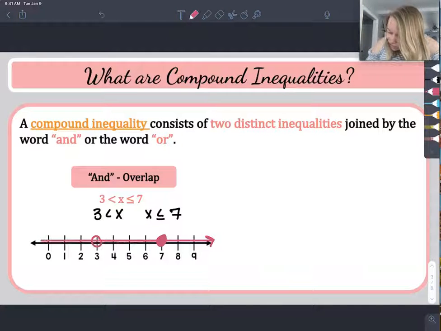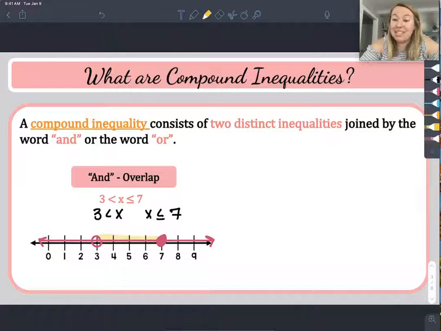So if you notice, we have this section of overlap where they share the same solution, what they have in common. And this is the part I'm highlighting in yellow. That is what we would then graph for this inequality. That is the solutions that work for both inequalities.